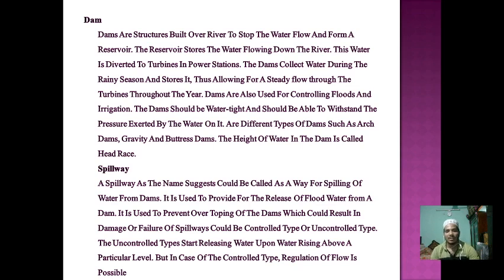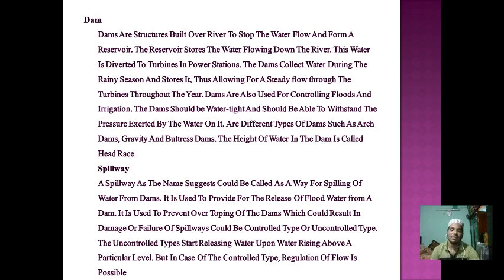A spillway, as suggested by the name, is a way for spilling of water from the dam. It is used to provide the release of flood water from a dam.